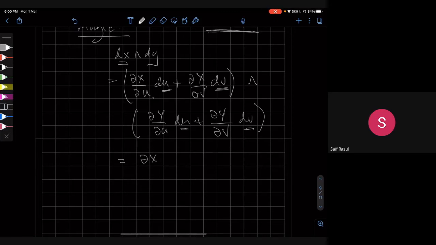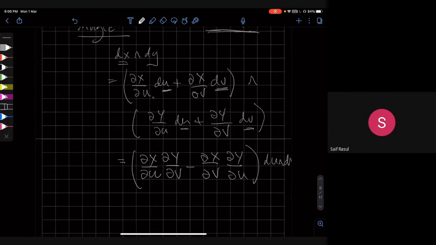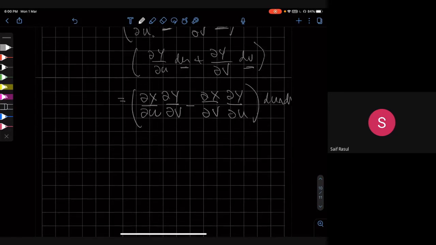It'll be del x del u, del y del v minus del x del v, del y del u, times du wedge dv. So this is exactly what we called the Jacobian, or the inverse of the Jacobian, I forget.